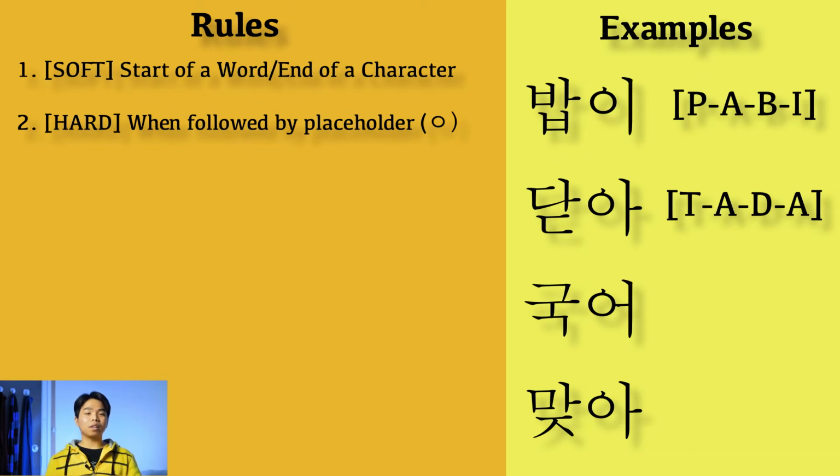So for this word, instead of reading it as cook o, it's going to be read as kugo, kugo. Kasi nga, yung consonant natin dito will become hard rather than a soft kasi sa rule number 2. Okay? So this word is kugo.